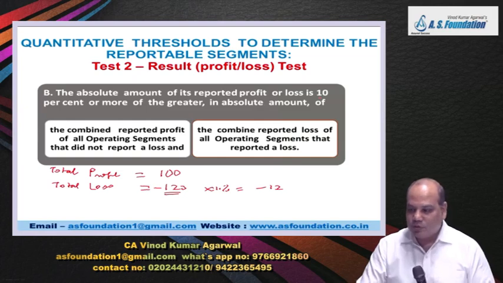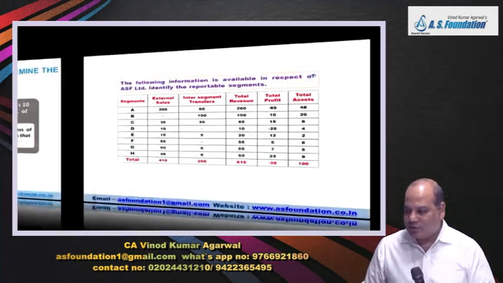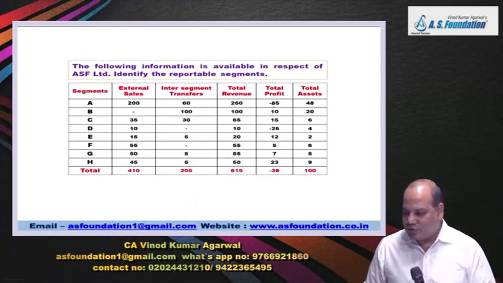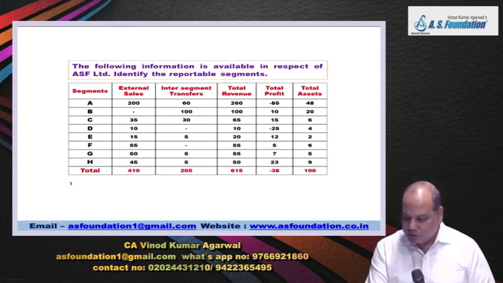Okay. So I'm going to give you the same illustration for checking your knowledge on this topic. Have you understood or not? So this is my company which has 8 segments. This is the profit or loss. So you separate profit making segments. What is the total of profit making segments?